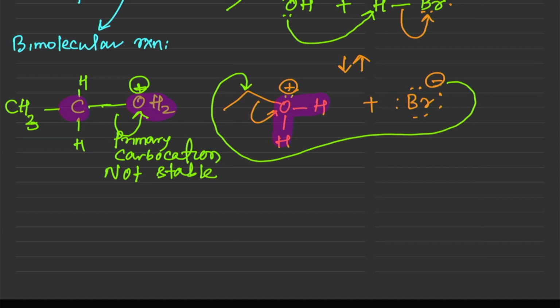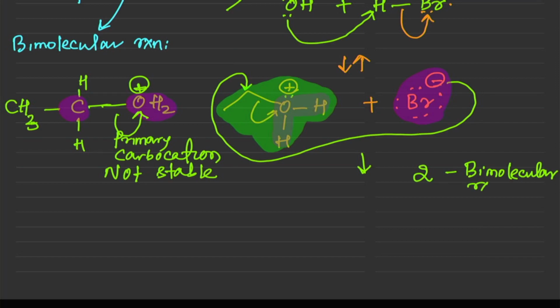In this step, you noticed how many molecules are involved. You have one molecule that is Br minus, so this is one of them, and the other molecule that is involved is this whole thing right here. So you have two units participating in this reaction, and when two things are participating, that's our bimolecular reaction.